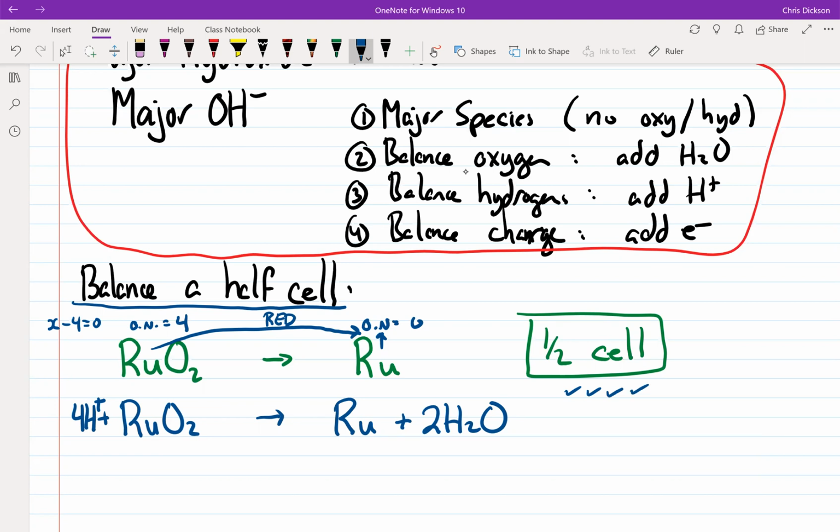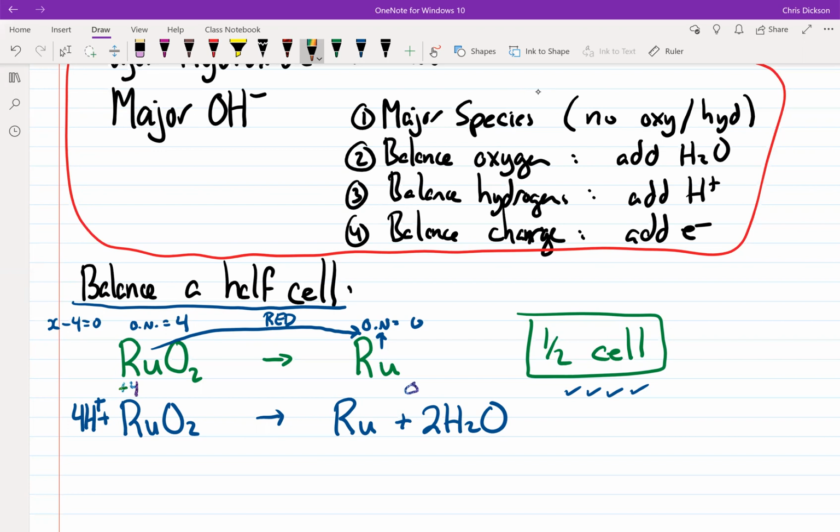Now I need to balance charge by adding electrons. Notice that the right-hand side has a charge of 0. And on the left-hand side, I have a charge of +4 because of the 4 hydrogens I added. So I need to add a certain number of electrons to make the charges balance on both sides. When you add electrons, you have to remember that the charge is going to go down because the electrons are negative.